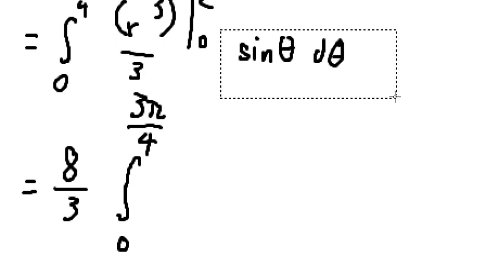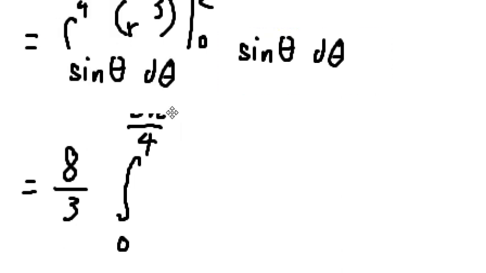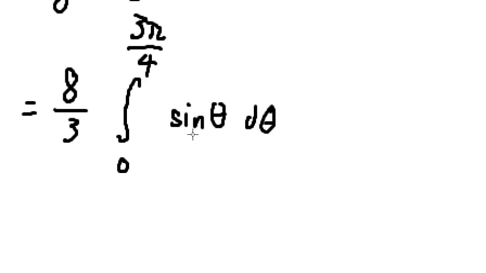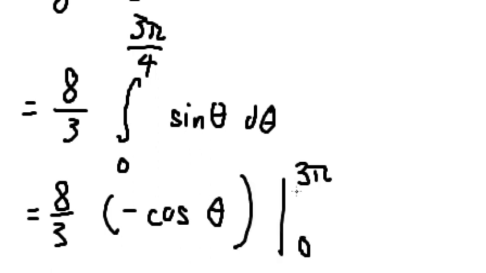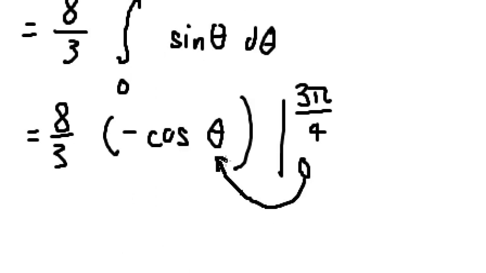And now I will put this one gone here. The integration of sine theta we have negative cosine theta. So I will put this one gone here and this one gone here.